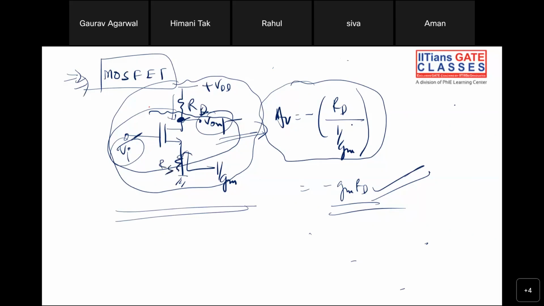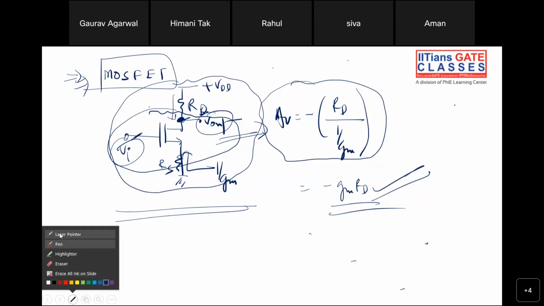So guys, can somebody tell me, if RE, emitter resistance, is introduced, will the gain increase or decrease? Yes, anyone? Decrease. Yeah, someone is saying decrease. Wonderful, yes. So guys, you have also seen the mathematical formulation I have told you.